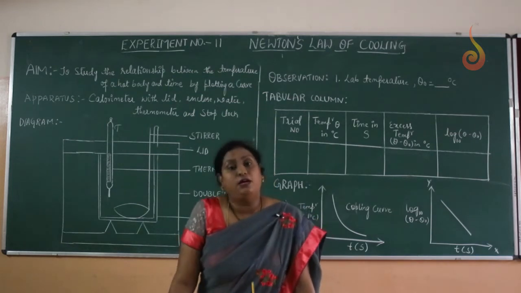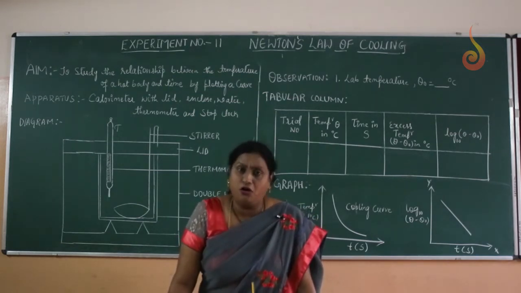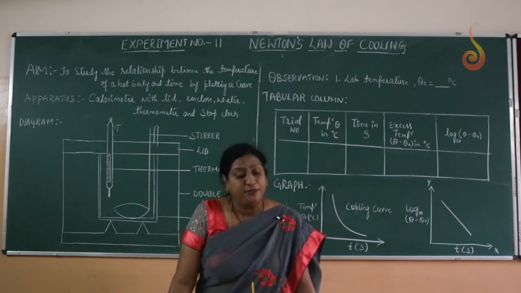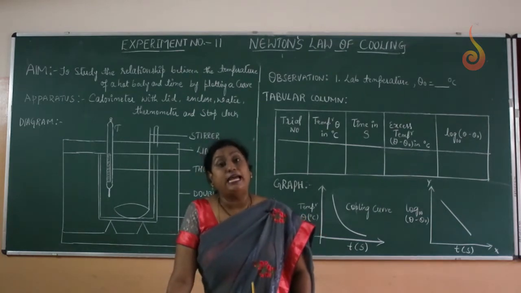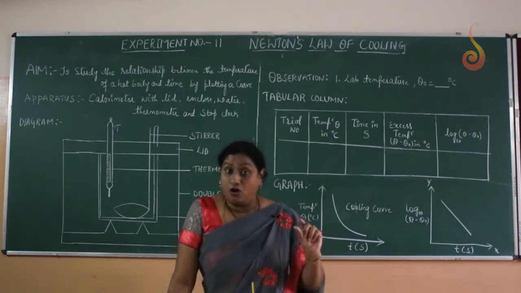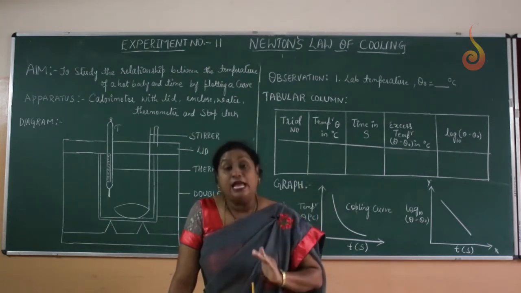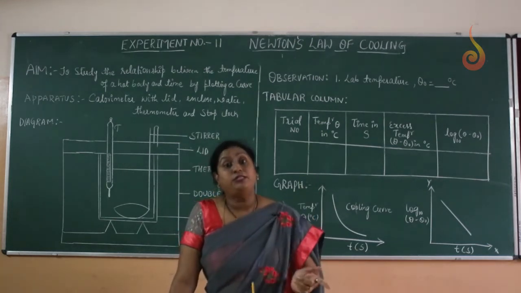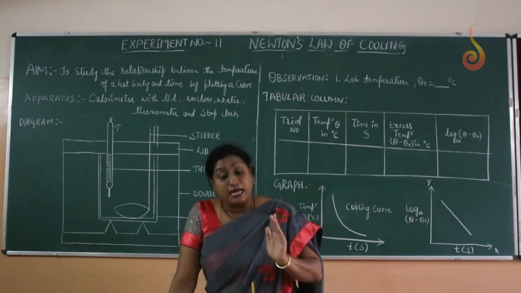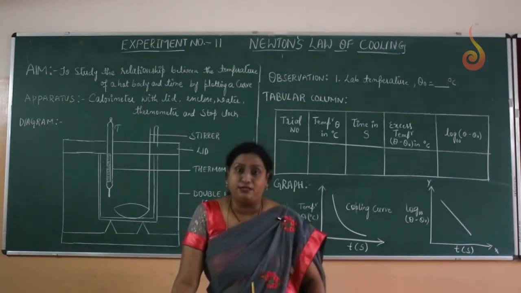Suppose you have a hot cup of coffee or a hot cup of water. Have you ever noticed the time at which the hot coffee or hot water becomes warm, and the warm water or coffee comes to room temperature?